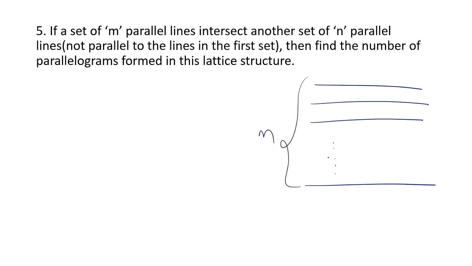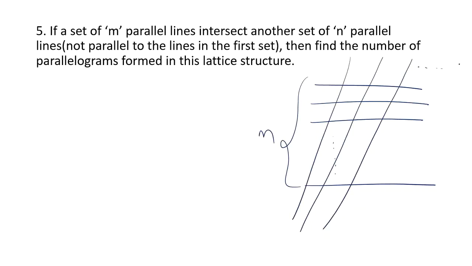And we have another set of n parallel lines. These are my n parallel lines. Now these m parallel lines are intercepted by these n parallel lines. Now we have to form a parallelogram, or number of parallelograms. We have to count how many parallelograms are there in this lattice structure.